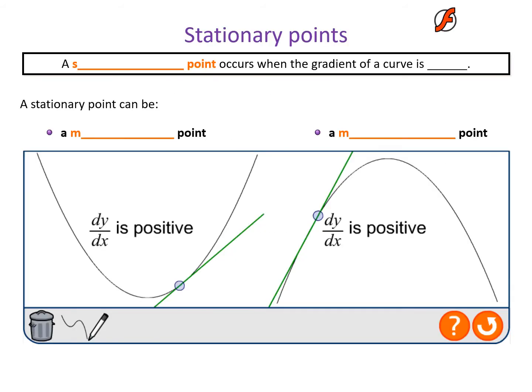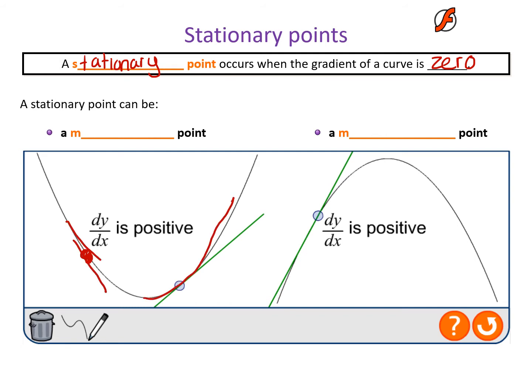So a stationary point occurs when the gradient of the curve is 0. So here the gradient will be negative, and then it's going to be positive.